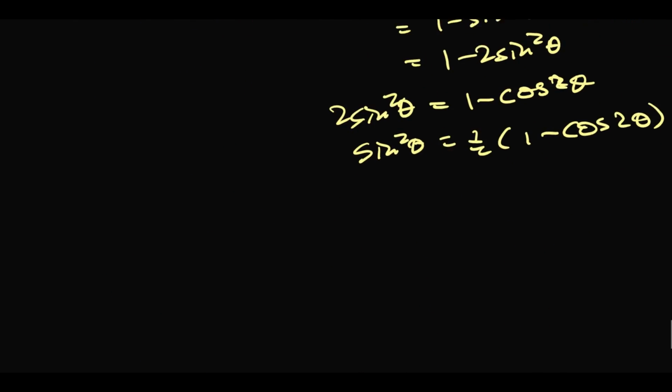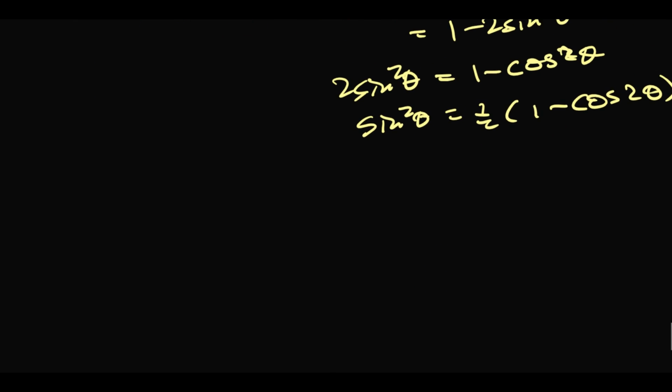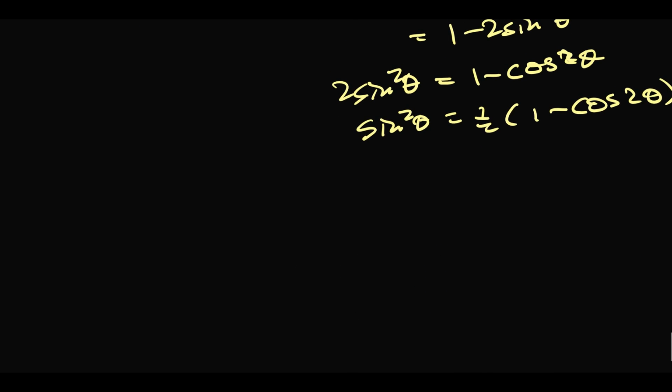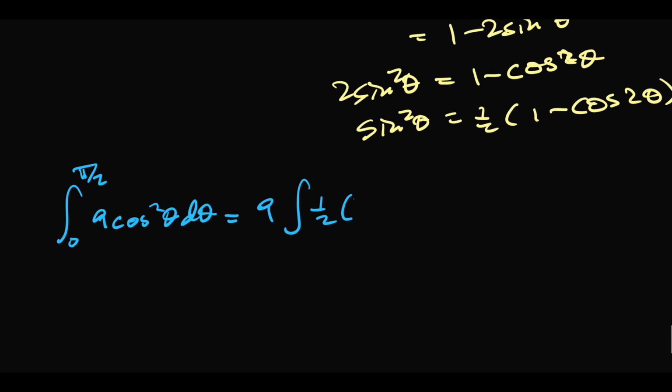All right, so anyway, let's get back to the problem at hand. We have the integral from 0 to pi over 2 of 9 cosine squared of theta d theta. I'm going to pull out the 9, make this 1/2 times 1 plus cosine of 2 theta d theta, 0 to pi over 2.